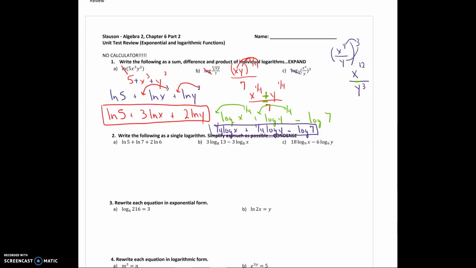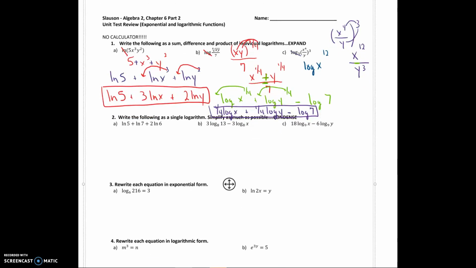So when we're ready, this is going to become bringing the log back. It's going to be log x to the 12th. And now maybe you're realizing, you don't need to do all these little steps, that this 12 can actually just move straight to the front and go right here and not even have it here.